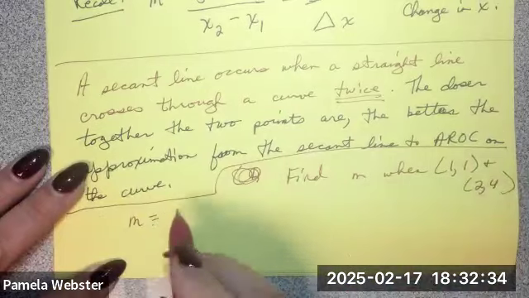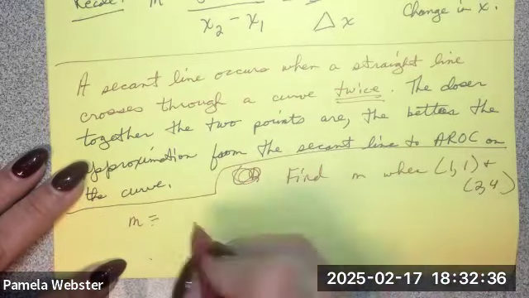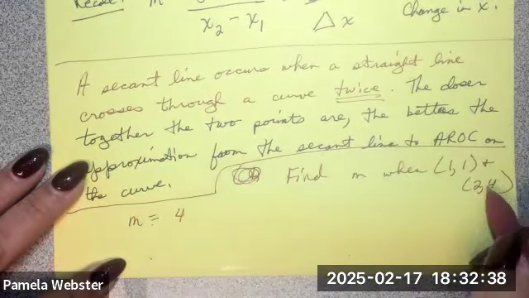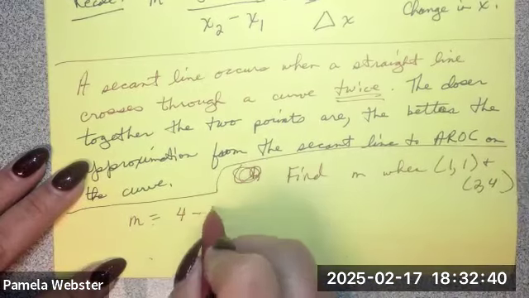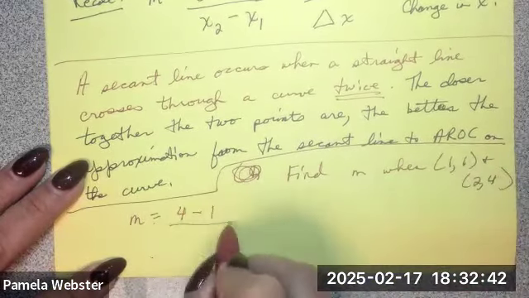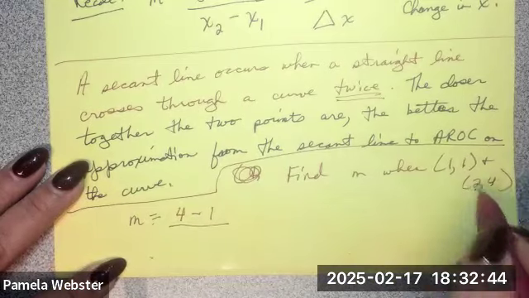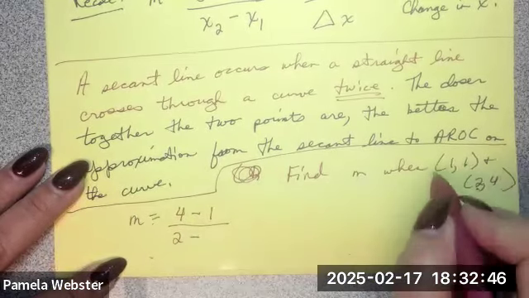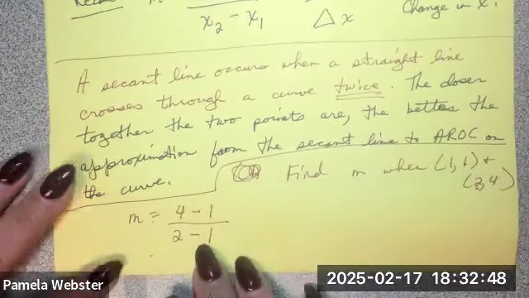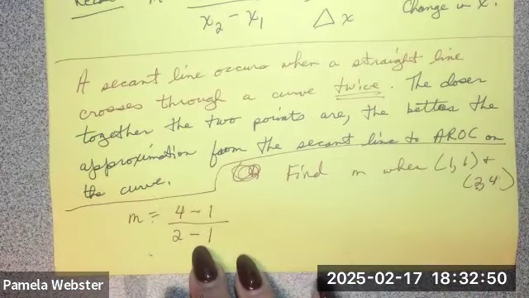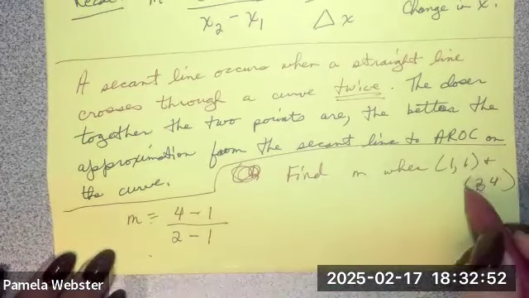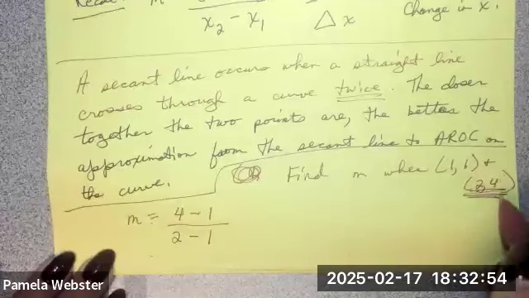Okay, so m equals, well, we go y2, let's call it 4, minus y1, let's call it 1, over on the bottom, x2, let's call it 2, minus x1, let's call it 1. And notice that I'm deliberately starting with the second point here because those numbers are bigger.